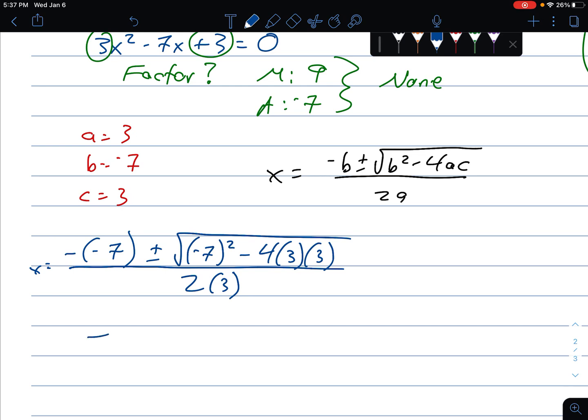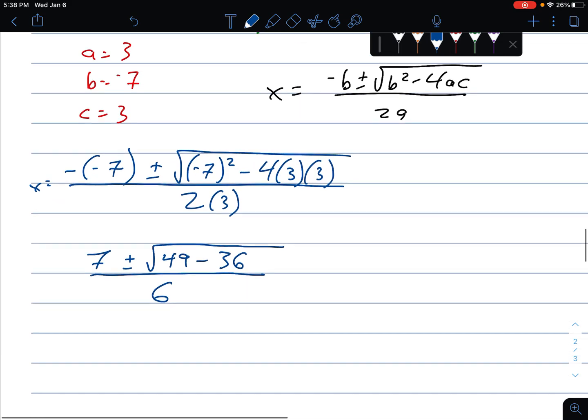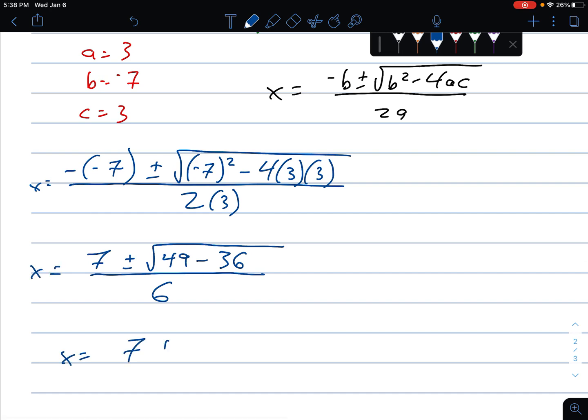Okay, so 7, now it's positive. Nice. Plus or minus the square root of 49 minus 4 times 3, 12, times 3, 36, all over 2 times 3, 6. X equals 7 plus or minus square root of 49 minus 36.